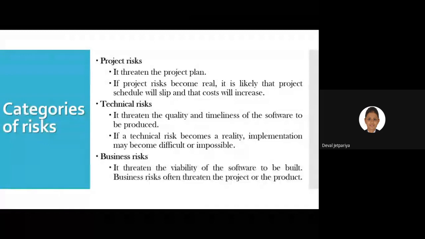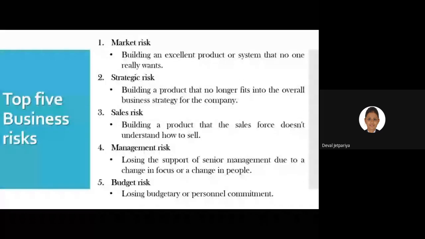So all those are technical risk. And business risk, say for example, you are having some financial issue, or some reliability issue in your software. All those terms you can consider in business risk. In the next slide we'll have the various types of business risk, so we'll see in detail. So you can see over here what type of business risk you can analyze.